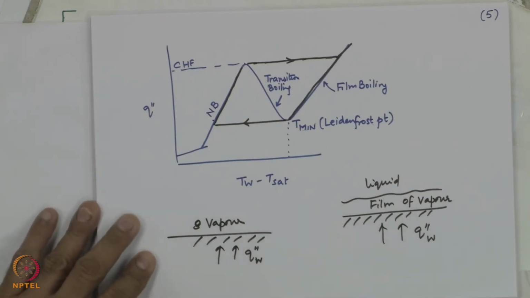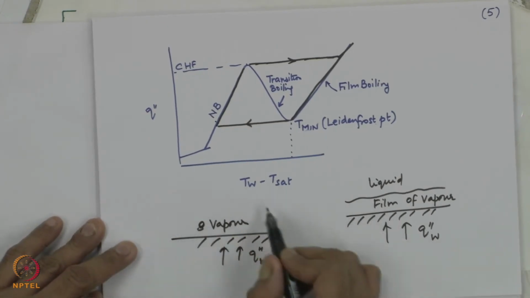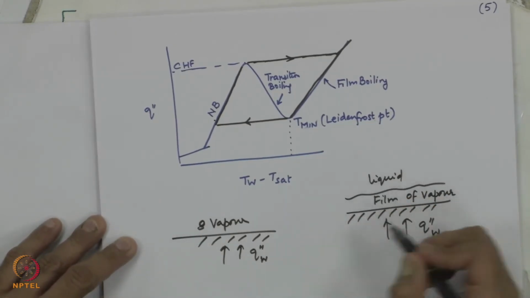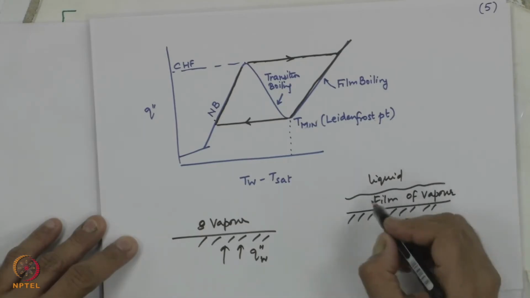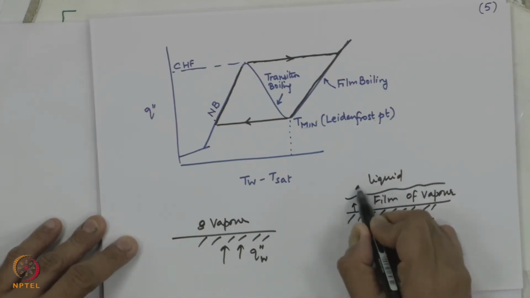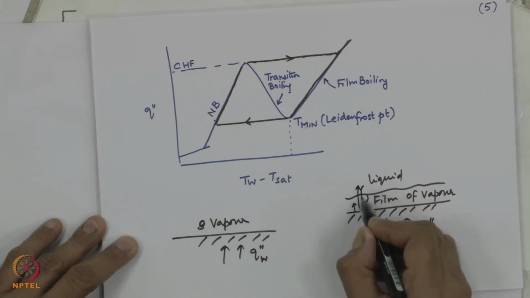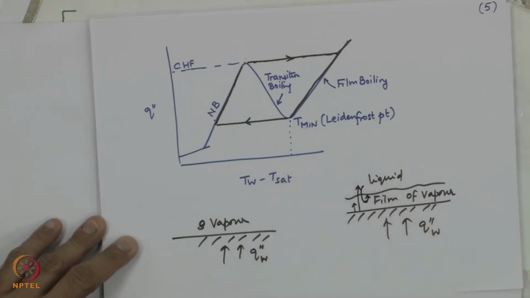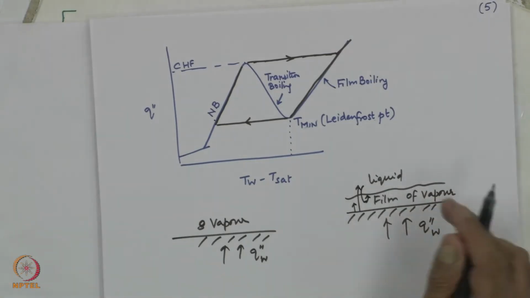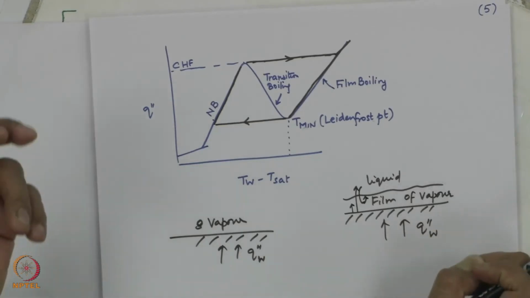good heat transfer to occur. This becomes a little easier to analyze, this becomes a little difficult to analyze because you have multiple paths for heat transfer, multiple paths being sensible heating of the liquid, sensible heating of the vapor, some amount of liquid gets converted to vapor at the interface. So, there has to be a budget for that also. How much is going to get converted would dictate the growth of the film.